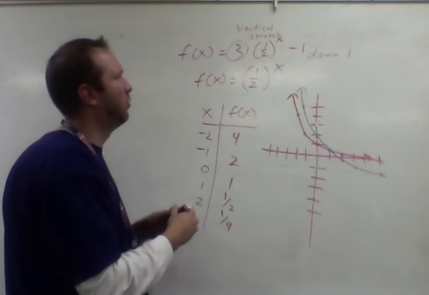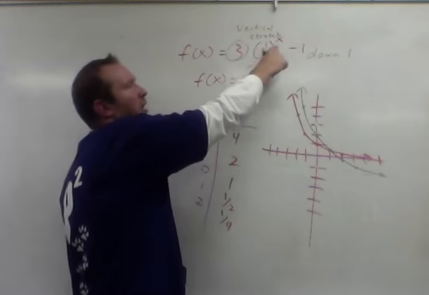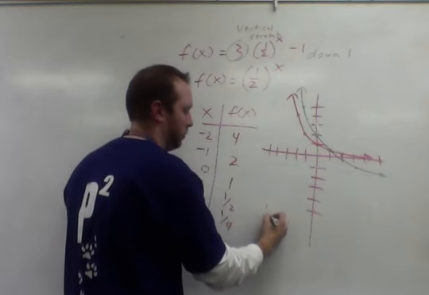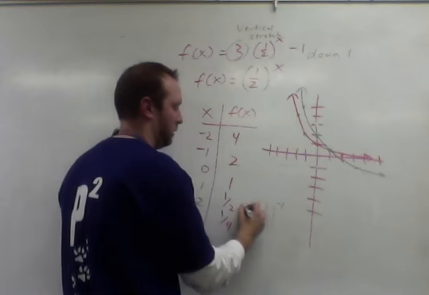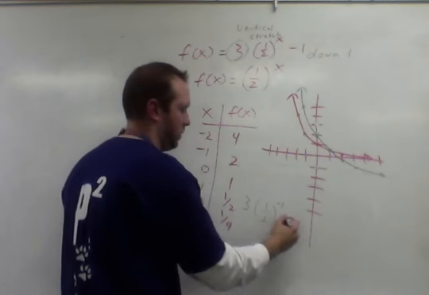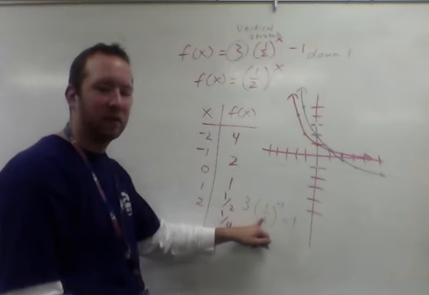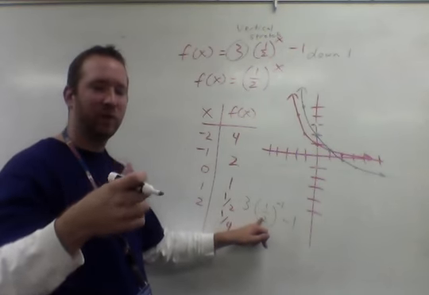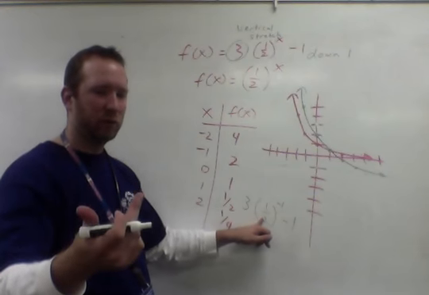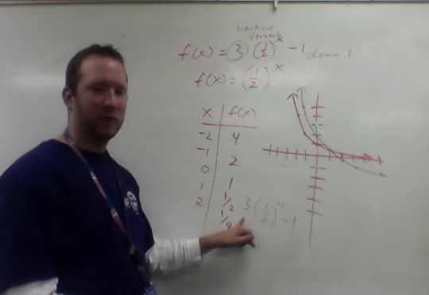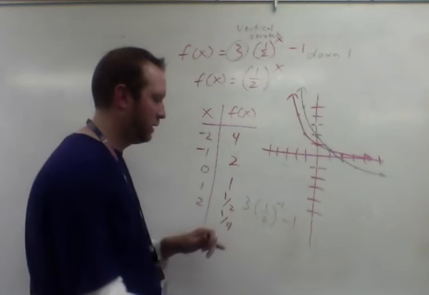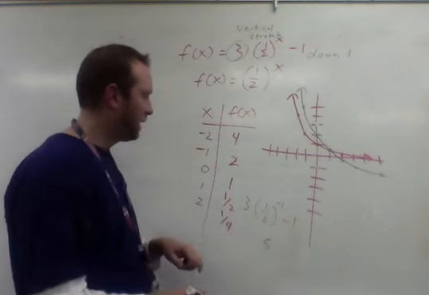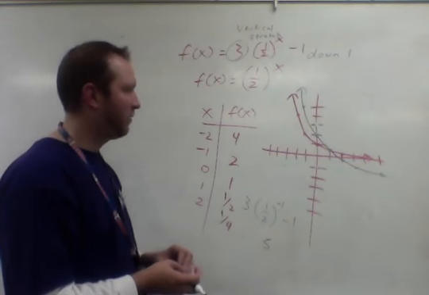When you put in -1, you have 1/2 to the negative first times 3 minus 1. So 1/2 to the negative first reciprocates the 1/2 to be 2. It makes it 2 to the first, which is 2. Times 3 is 6. Minus 1 is 5. So -1 should be at 5.